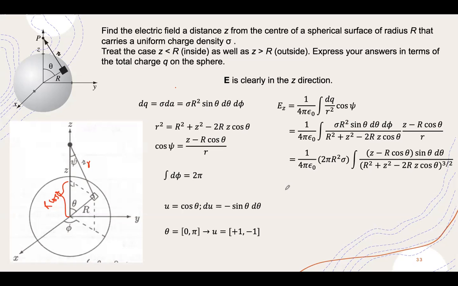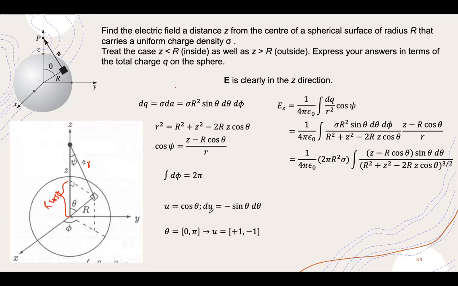To do this integration, we just need to substitute cos theta, because cos theta is here in the denominator as well as in the numerator. Sin theta d theta is given, so one can substitute cos theta as some quantity, let's say u, then du is going to give you minus sin theta d theta, so that you can eliminate sin theta d theta in terms of du only.